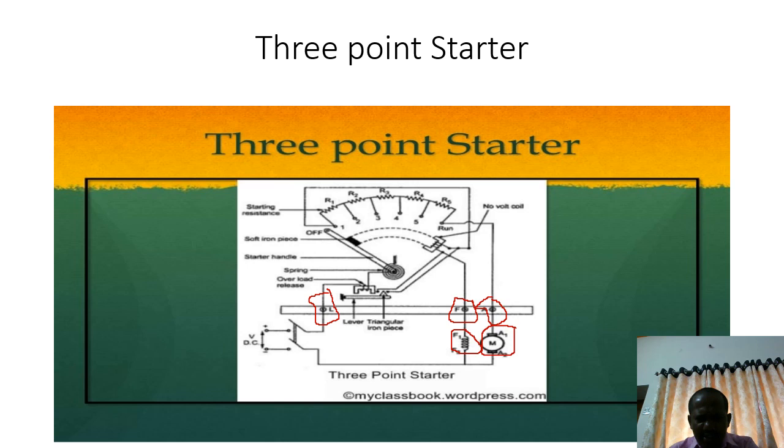There are a number of studs: this is the first stud, second stud, third stud, fourth stud, and this is the fifth stud. This is the handle, and this is the spring force produced here. This is the overload release coil, and this is the no voltage coil you are observing.